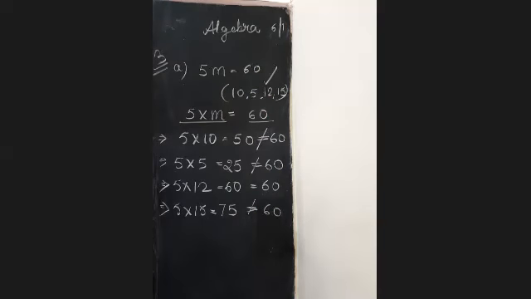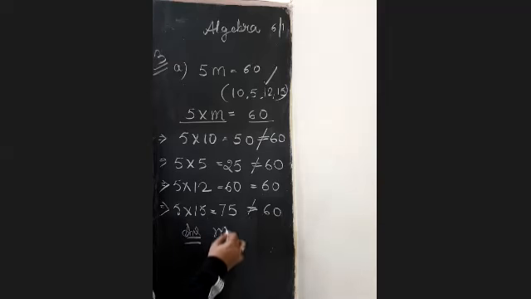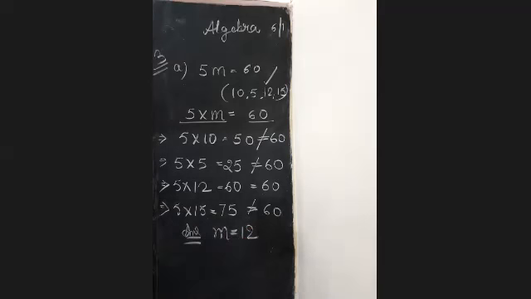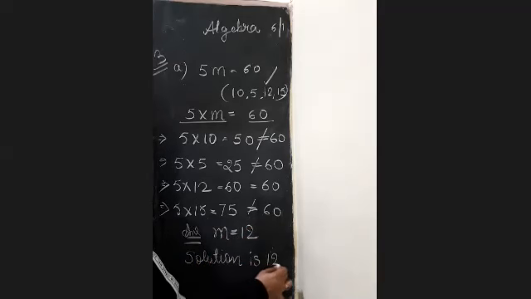It means in this question only one value is correct, and that is 12. The answer for this question is m is equal to 12, or you can call it the solution is 12.